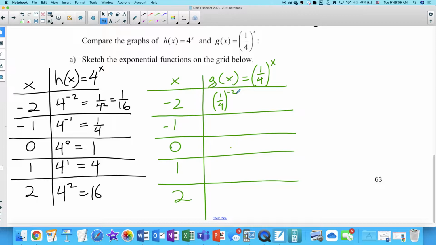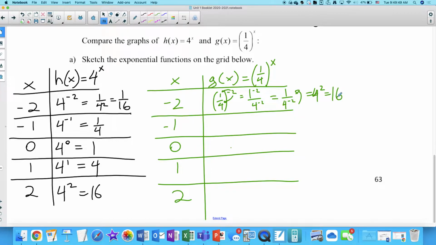Think about it this way: if you distributed the exponent, you would get 1 to the -2 over 4 to the -2. What is 1 to the -2? 1. Now I have a negative exponent in the denominator, so how do I make it positive? Move it up. 4 squared. So this is now 16.